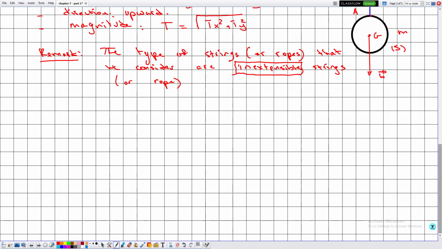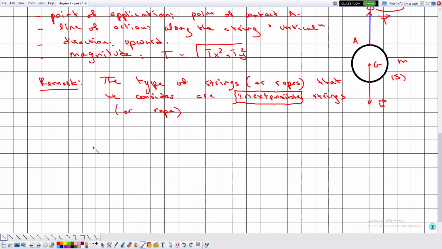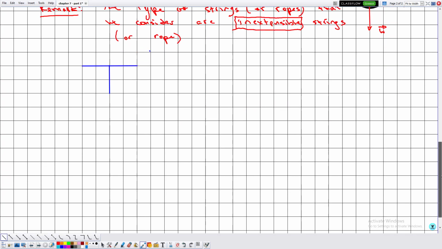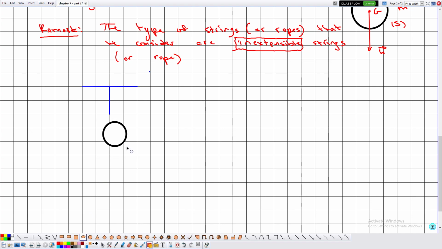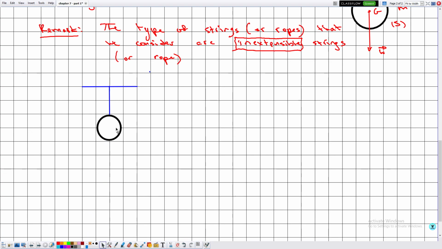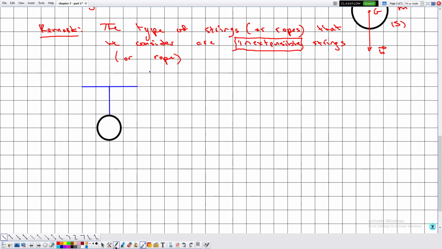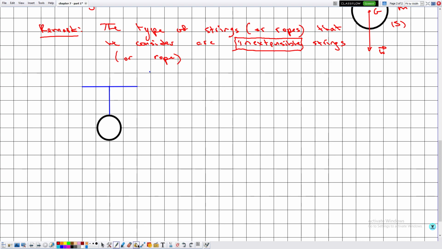Now let's consider the following. Suppose that we have a support, and connected to this support we have a pulley. Passing through this pulley we have two strings.